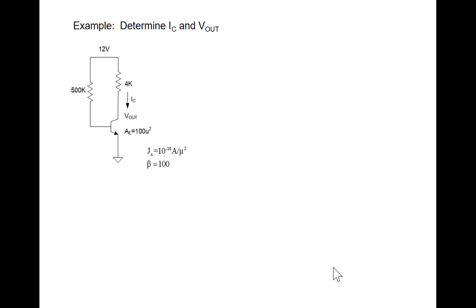The collector current, and I assume that beta is 100 here, is beta IB, so it's 100 times this. So it's 11.4 over 5K.